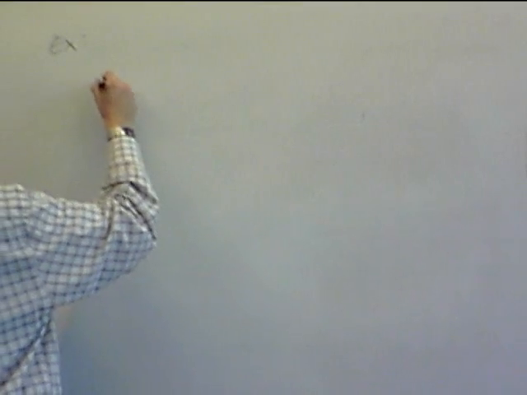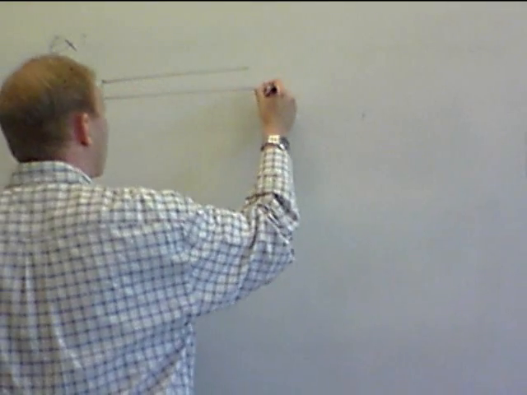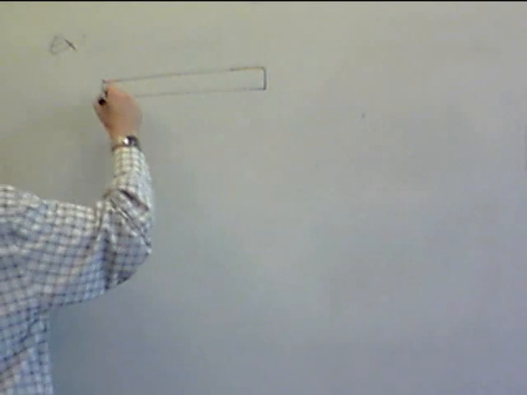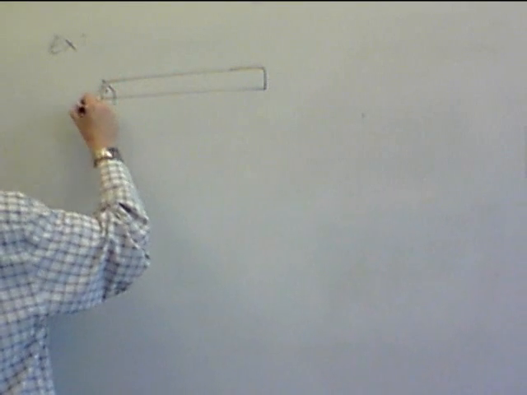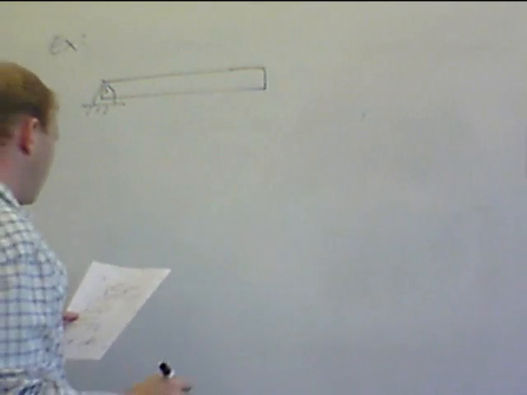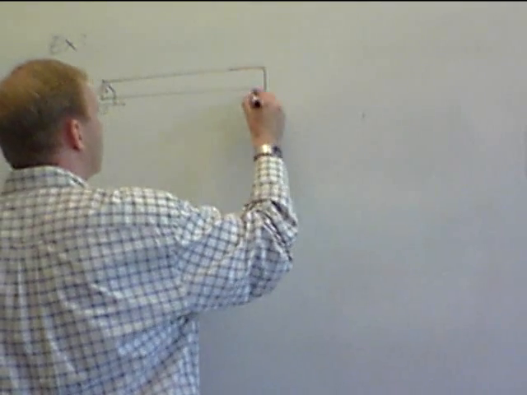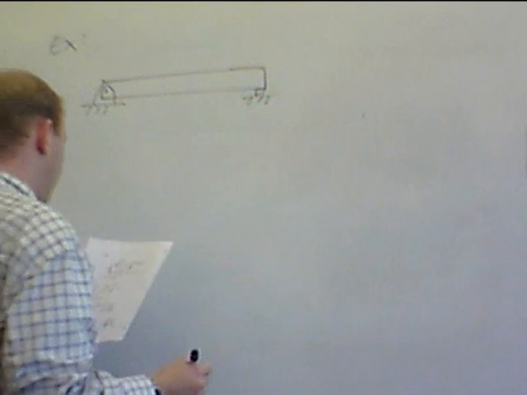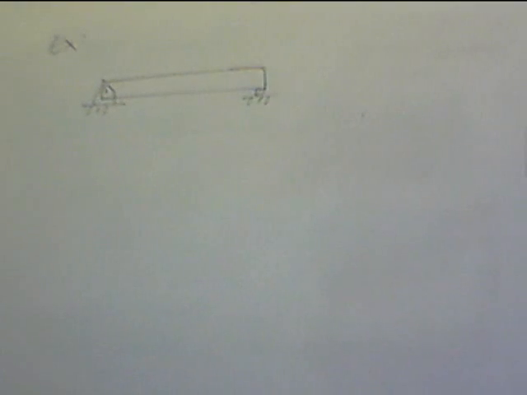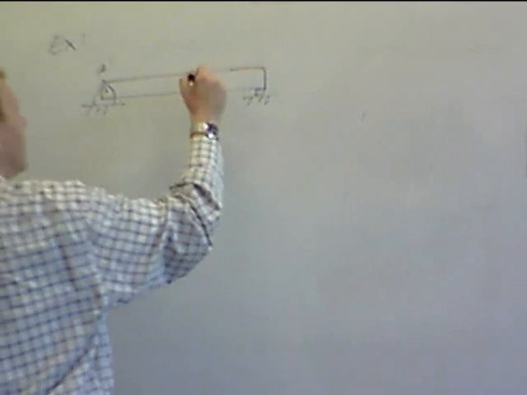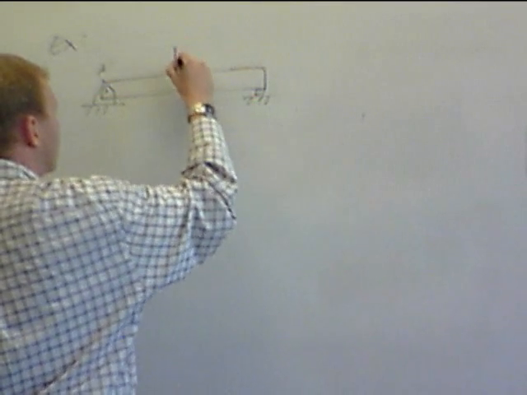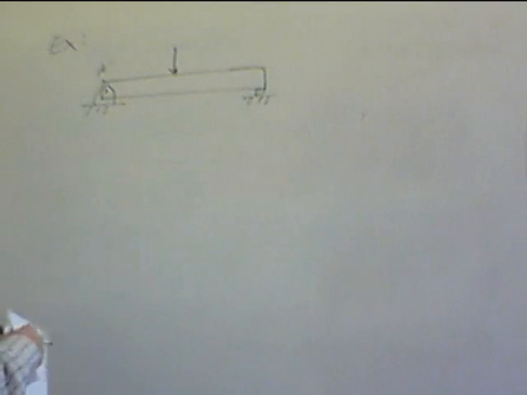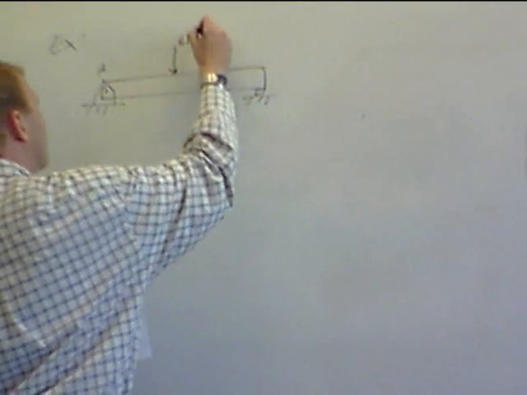Okay, the example here we have, let's see, we'll take a simple beam. Okay, we're going to pin join it at this end, and put a roller over here. So this will be point A. We'll have an applied force of 6 kilonewtons here.